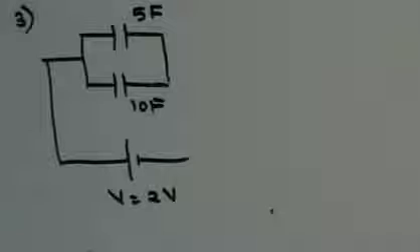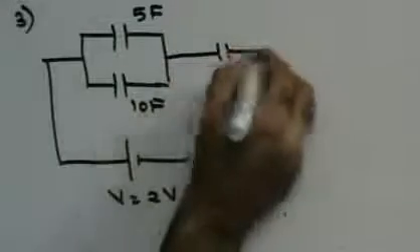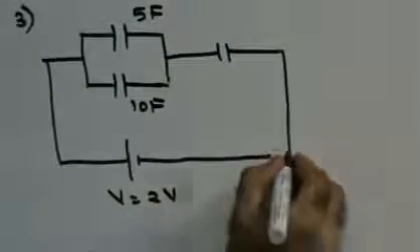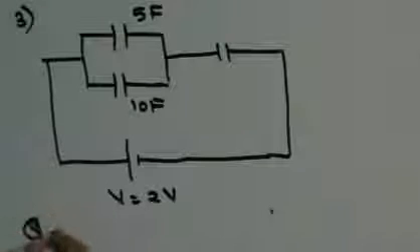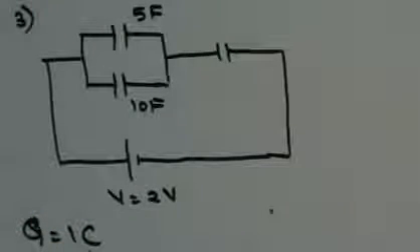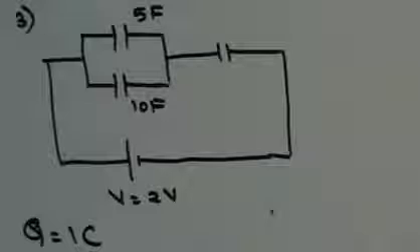What should be the capacity of the capacitor connected in series to get 1 coulomb charge flowing through the circuit?